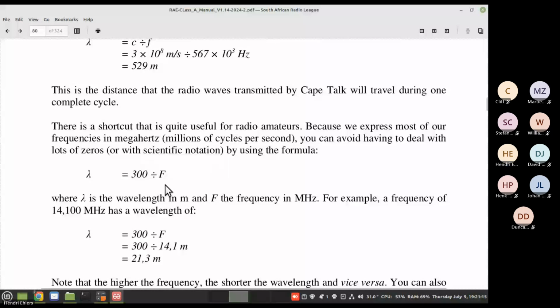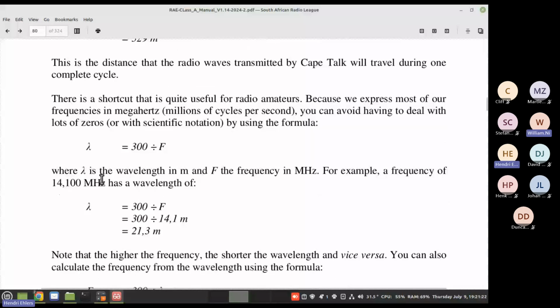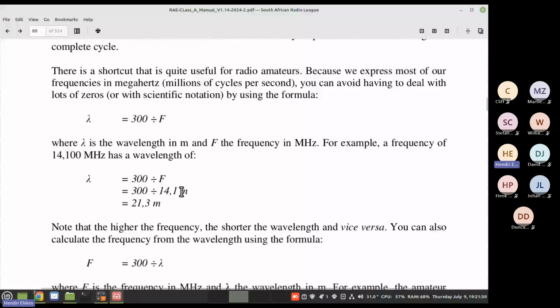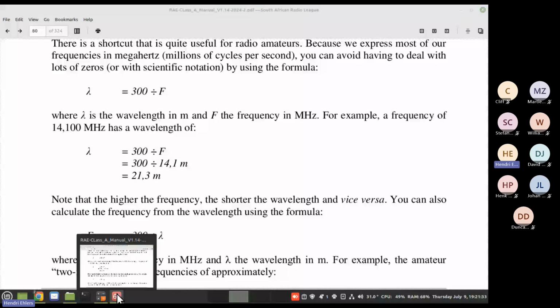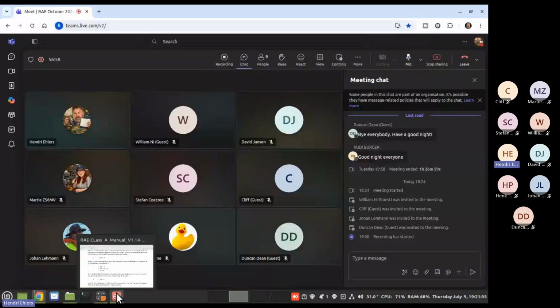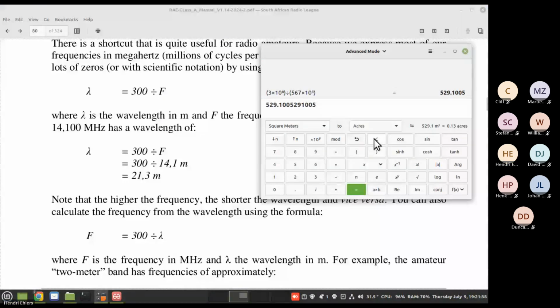So we have a frequency of 14.1 megahertz, and we must calculate the wavelength. That would be 300 divided by 14.1, which equals 21 meters.